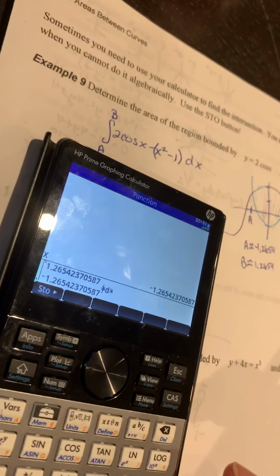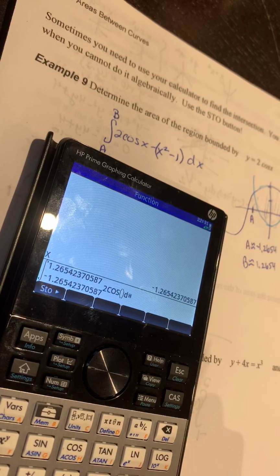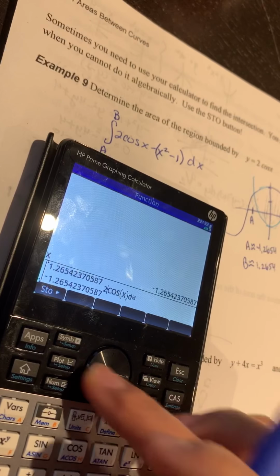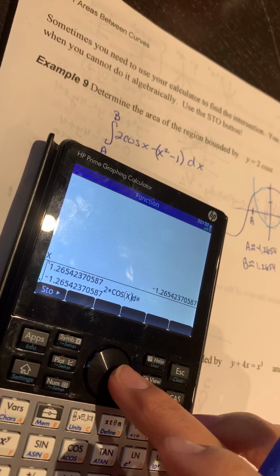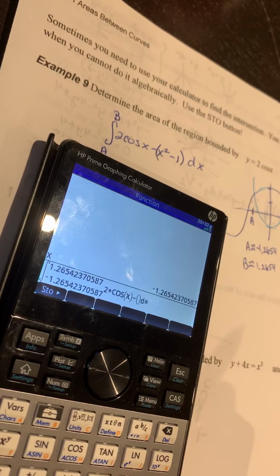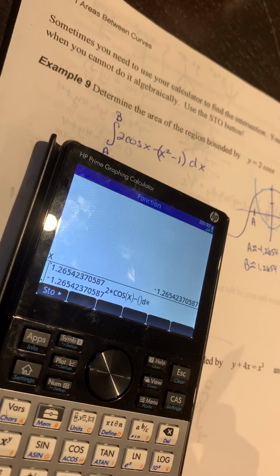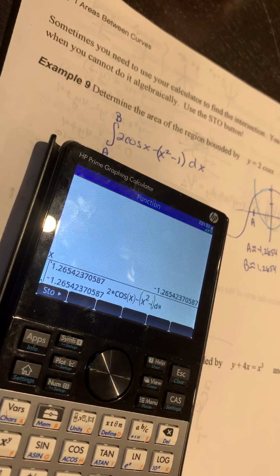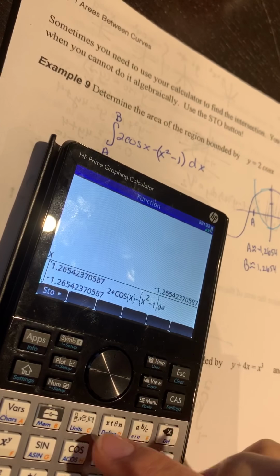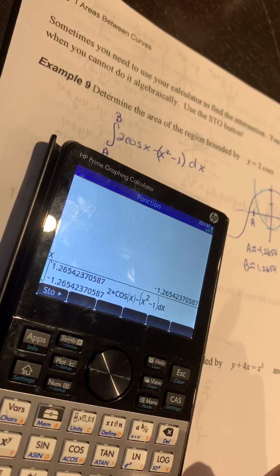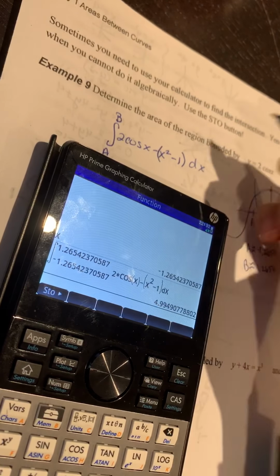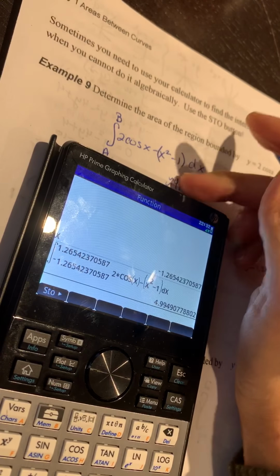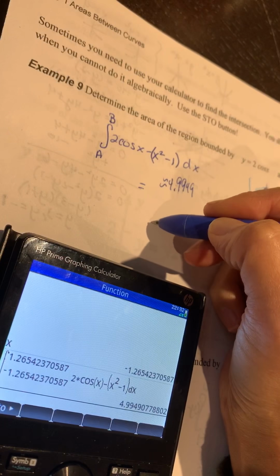Okay, and then over here, I can either just type it in because it's so easy. 2 times cosine x minus parentheses x squared minus 1 dx, and there, enter, and that gives me 4.9949.